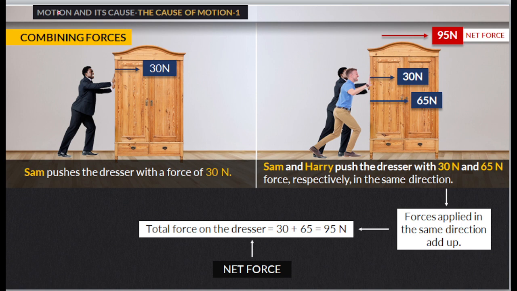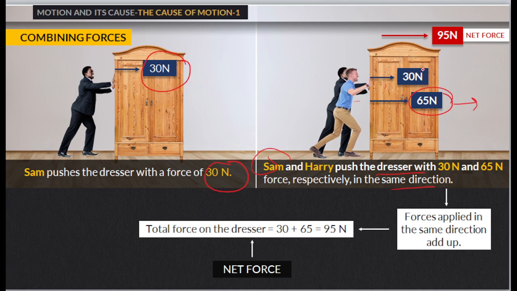Let's say Sam is pushing this dresser with a force of 30 Newton, and then Sam and Harry push the dresser together, with Harry applying 65 Newton in the same direction. Now the total force in the first case is 30 Newton only.